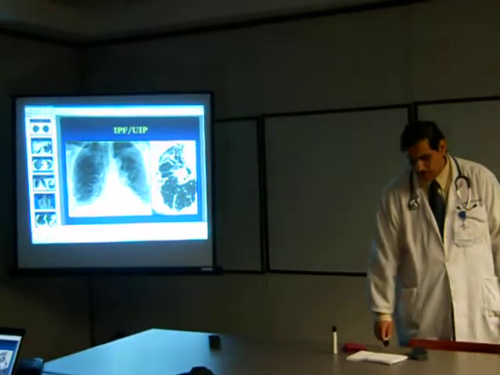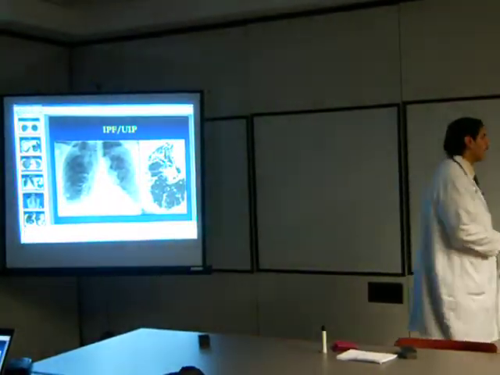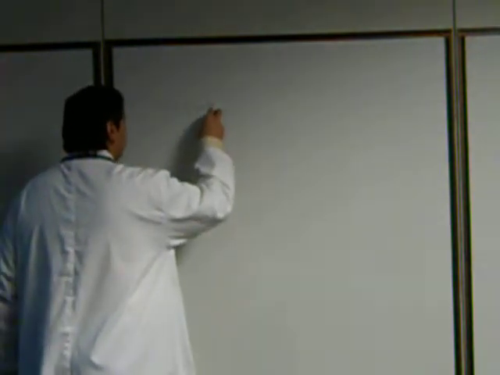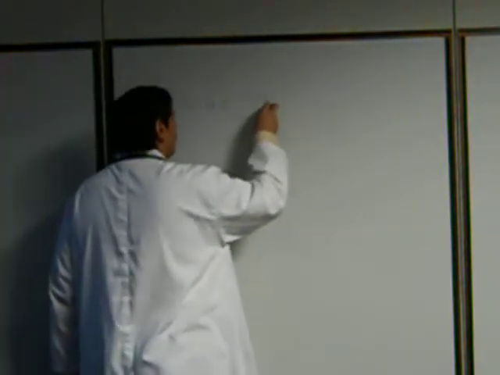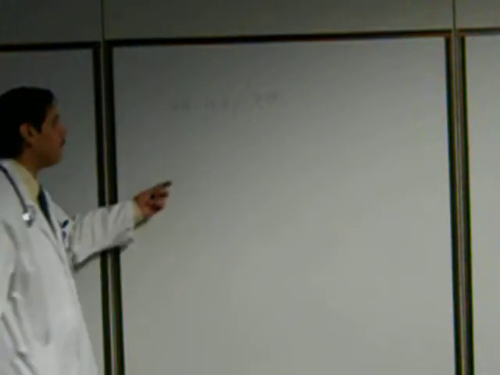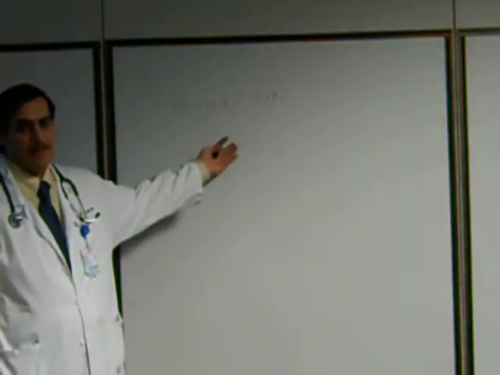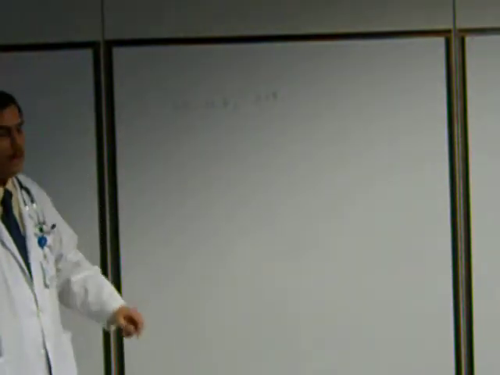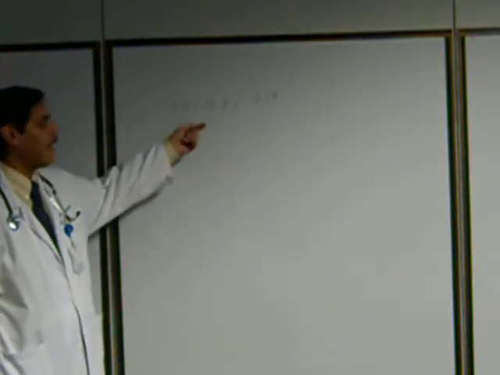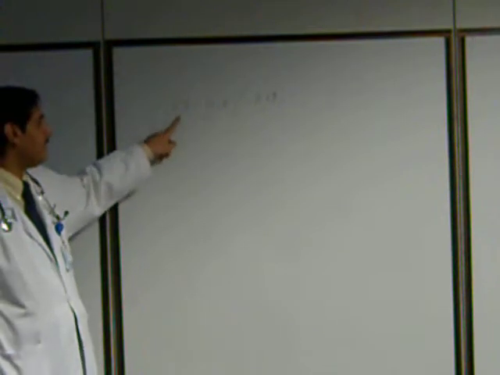RB-ILD and DIP: the respiratory bronchiolitis interstitial lung disease, and the desquamative interstitial pneumonia or pneumonitis. So these two categories are actually the same disease at different stages. RB-ILD is more proximal disease, so it involves the bronchioles.